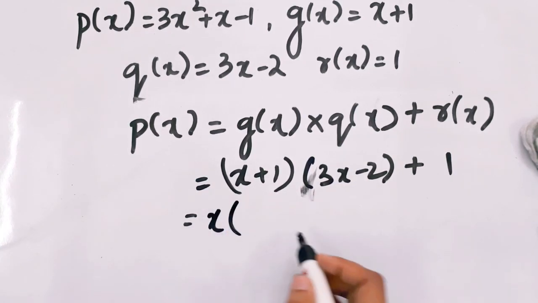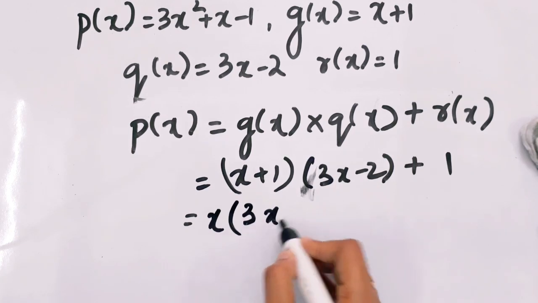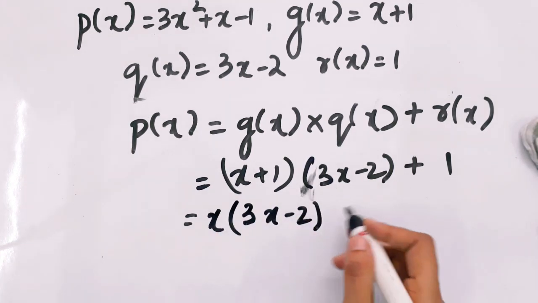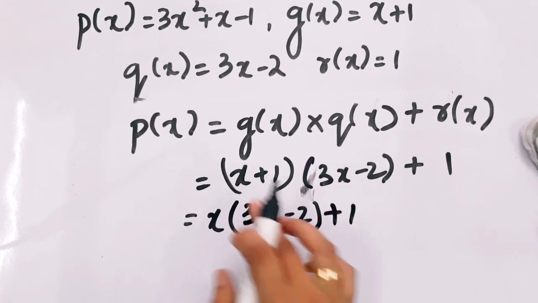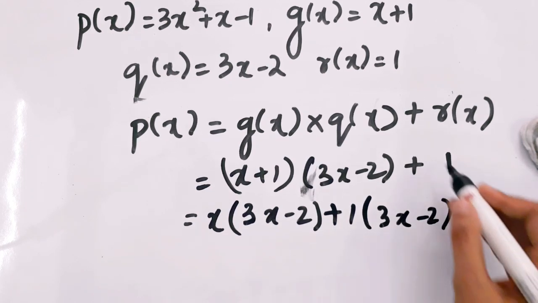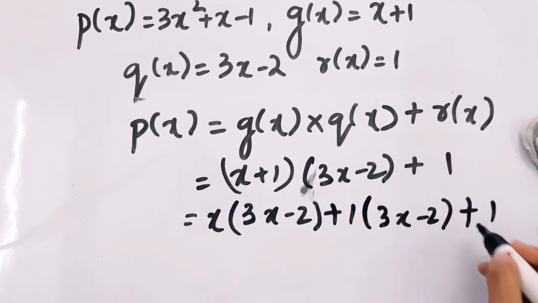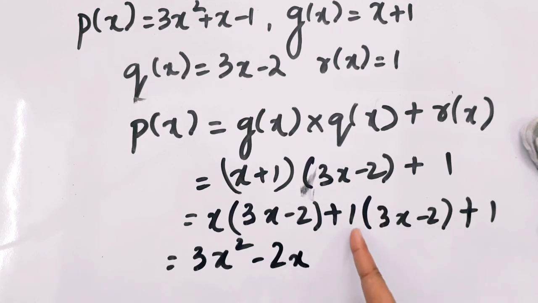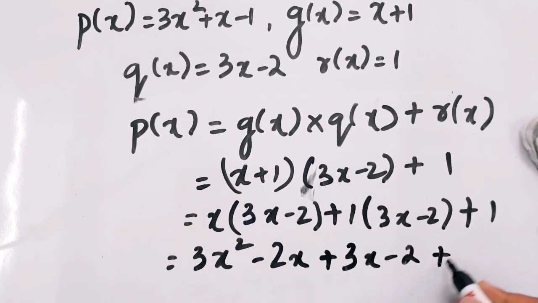So I am multiplying the first term x with the entire thing, plus 1 into the full term again. So 3x minus 2, and this plus 1 will come as it is. Now x into 3x will give me 3x square, minus x into 2 will be 2x, and 1 into anything is the same number. So this is 3x minus 2, and this plus 1.